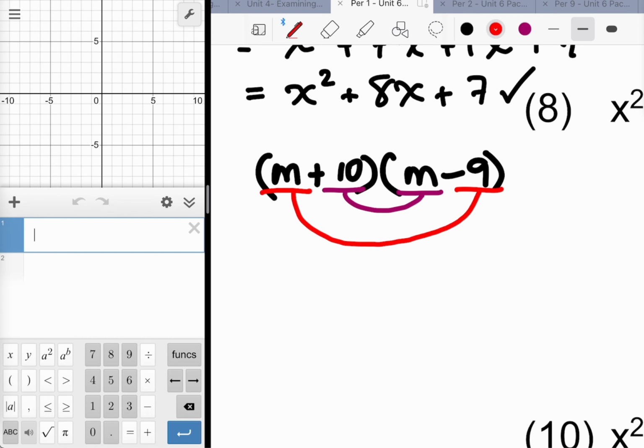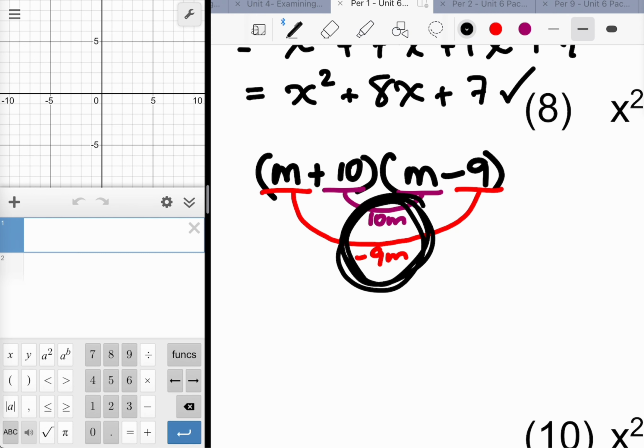All right. For the last question that we did, it was an 8x. But for this one, it was a 1m. All right. So I'd multiply, just quick check, 10 times m, 10m, m times negative 9, negative 9m, and just have a quick look to see if these two terms add to give you whatever the middle term of the expression was, which was a 1m. 10m and negative 9m will add to give you a 1m.